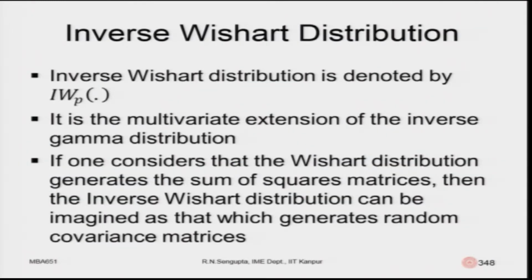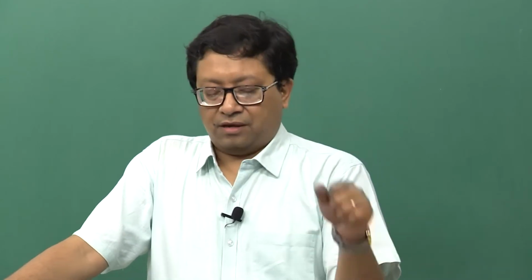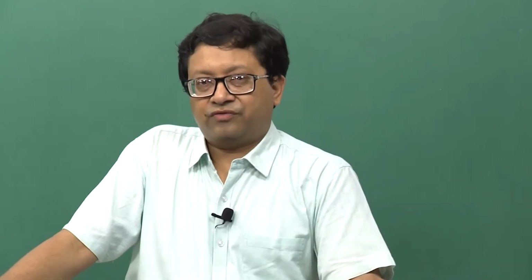Now, we will consider the inverse Wishart distribution. Inverse Wishart distribution is denoted by IW. So, W was for the Wishart distribution, IW would be the inverse Wishart distribution and the suffix P or K would denote the number of random variables which are independent. In the univariate case you have the simple inverse gamma function.